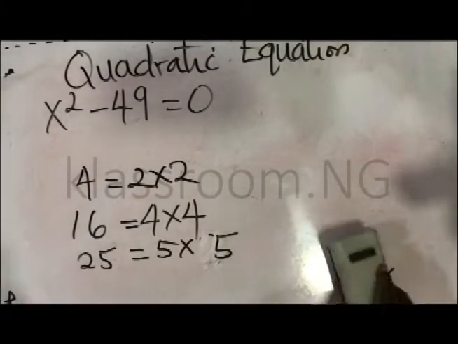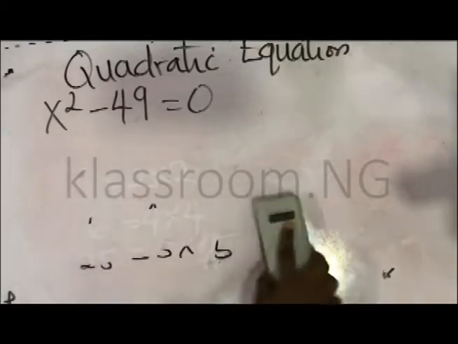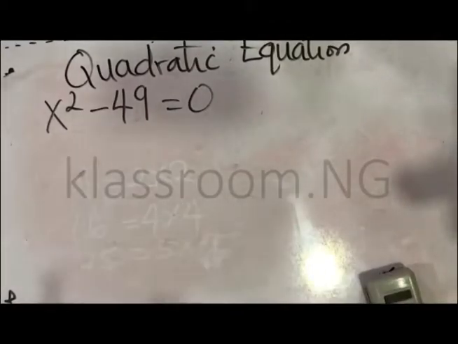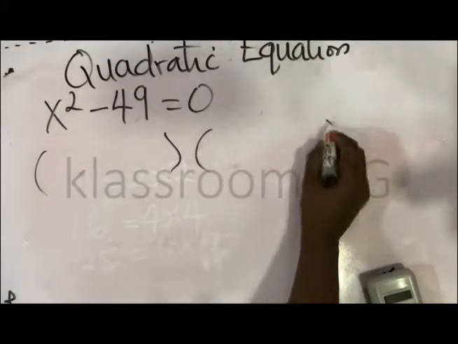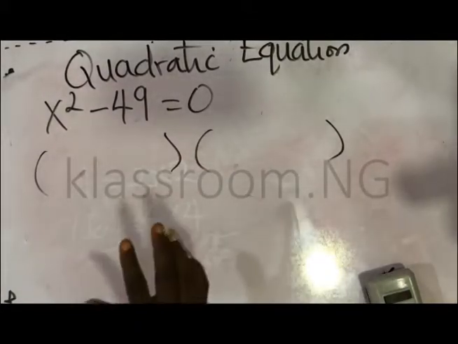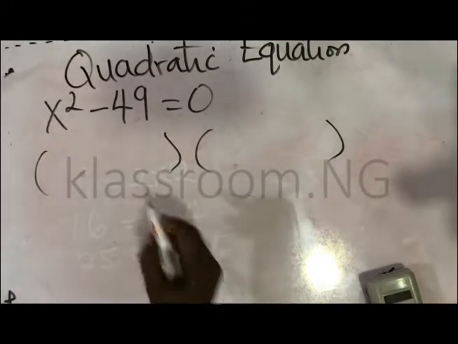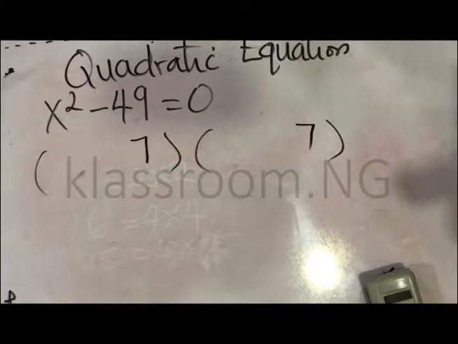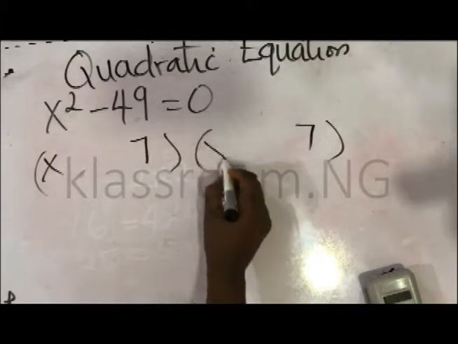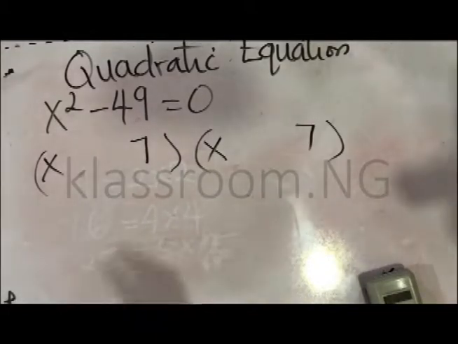So let's go back to the question. x squared minus 49 equals 0. So we open 2 brackets. Now remember that 49 is a perfect square because we need 7 and 7 to give us 49. Now x squared is x times x. Remember we have the minus sign there.